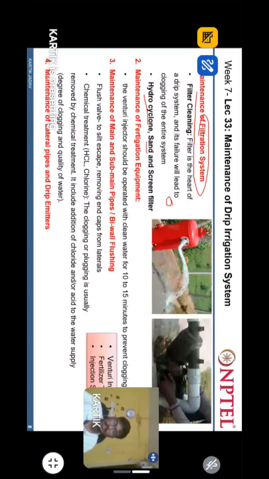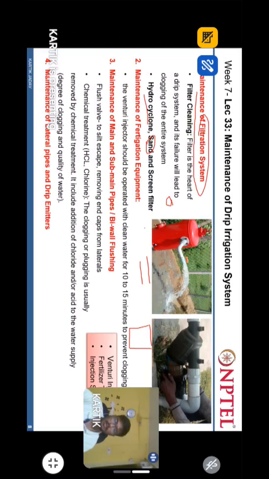In that we have various grades of sand, right? That generally filter out poor irrigation water quality. And we have also seen the screen filter, right? In that we have mesh, different kinds of mesh available in this filter.